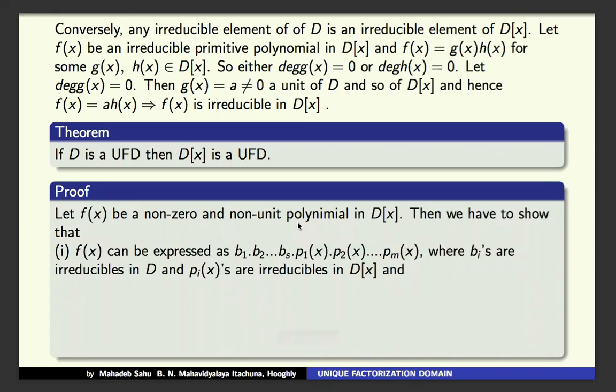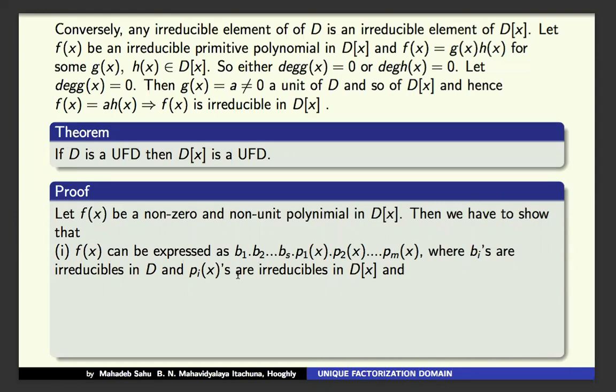First, f can be expressed as b1 b2 ... bs p1(x) p2(x) ... pm(x), where the bi's are irreducible in D and the pi(x) are irreducible in D[x].